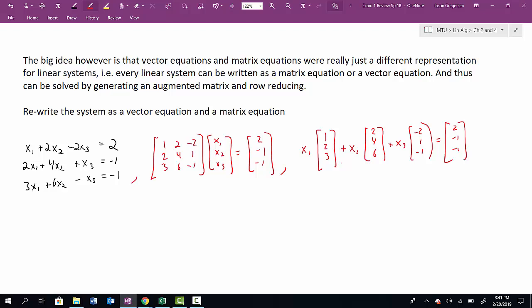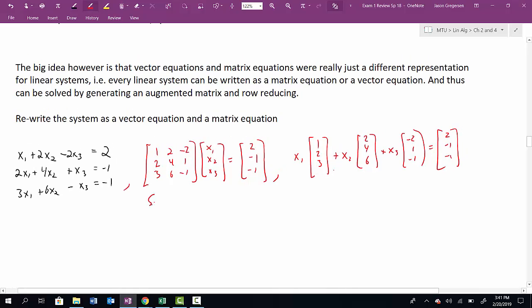So I have my representations up there. We said these are all the same thing. We would solve them all by creating the augmented matrix and doing the row reduction. But this is also the first opportunity for us to get mixed vocab. We might say, solve Ax equals b.